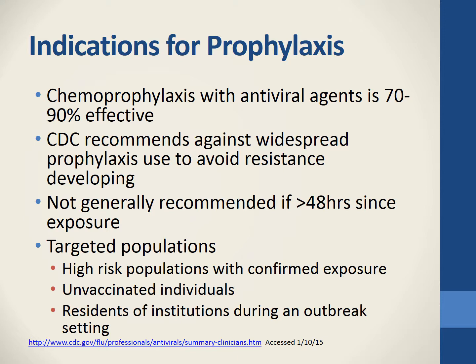It's not generally recommended if over 48 hours has passed since the patient has been exposed to the index case. And really, there are certain targeted populations that are likely to benefit the most.